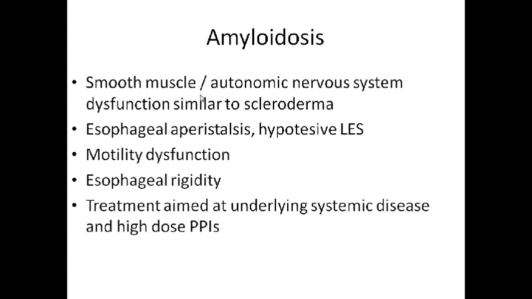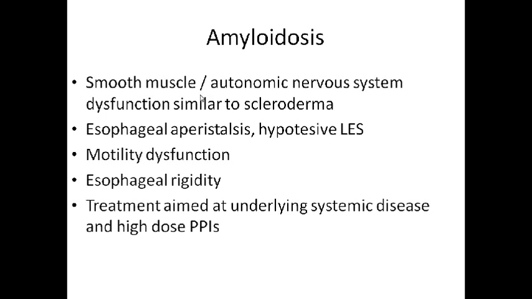into the esophagus. Amyloidosis, again, is another neurological problem that causes aperistalsis. It could be a hypotensive LES, causing a motility problem, a dysfunction, a lack of motility, and could cause esophageal rigidity, especially in the mid and upper esophagus.